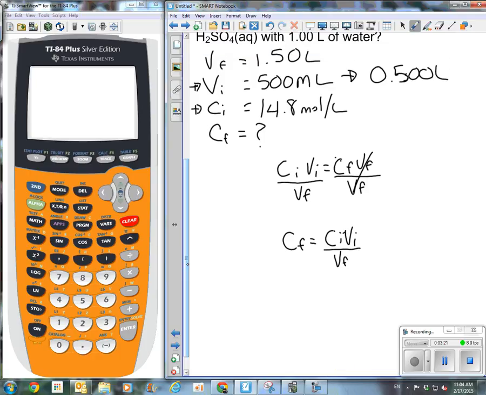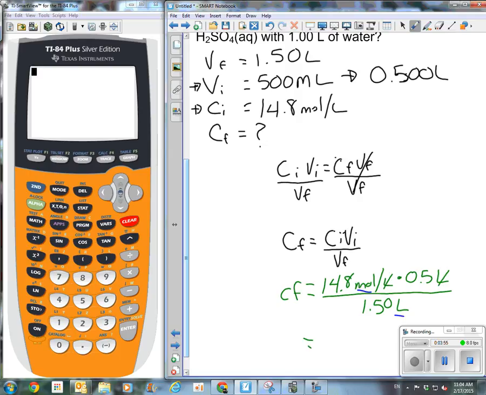Substitution is going to look like initial concentration 14.8 moles per liter times 0.5 liters, all divided by 1.5 liters. These liters are going to cancel out, and I'm going to end up with moles per liter. Perfect, that's what I want for a concentration.